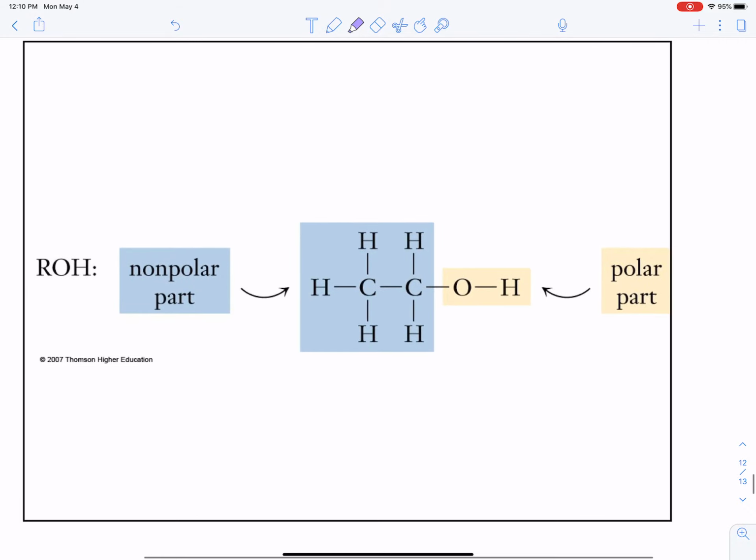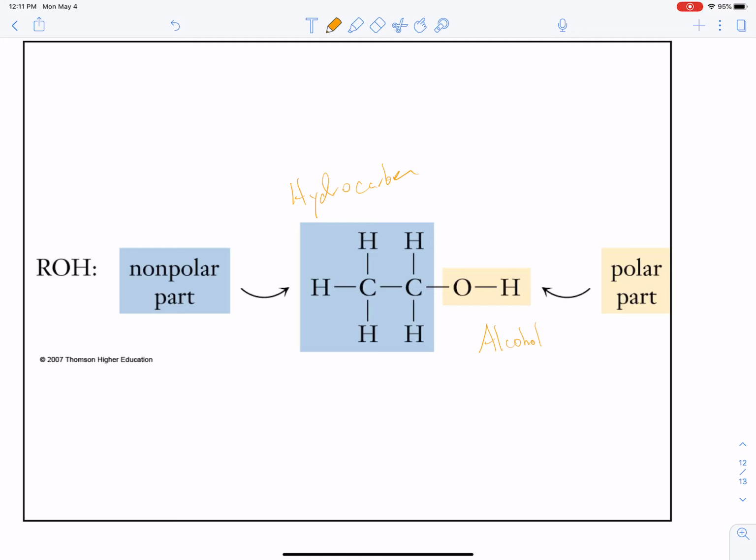Alright, so with these alcohols, you have a polar end and you have a non-polar end. Notice that the hydrocarbon is the non-polar end, whereas the alcohol is the polar end.